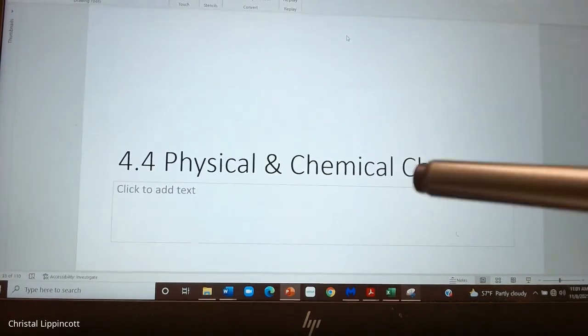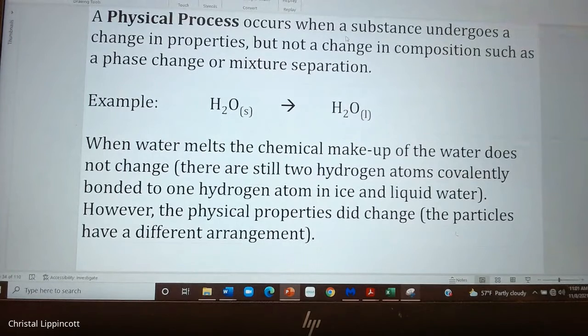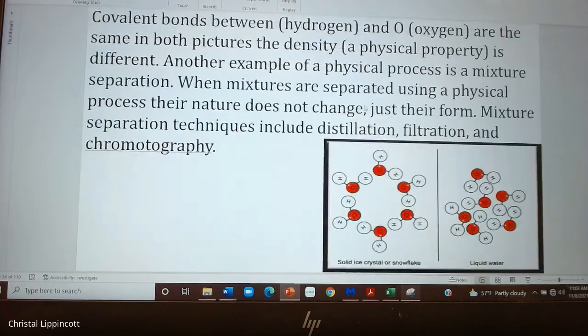Physical and chemical changes then. Physical process: a substance undergoes a change in properties, but not a change in composition. We talked about this a little bit last week when we were discussing different phases and how we knew if it was actually a chemical change or a physical change. So here, same chemical composition, but the state of matter has changed from a solid to a liquid. So it's gone from ice to water here. Okay.